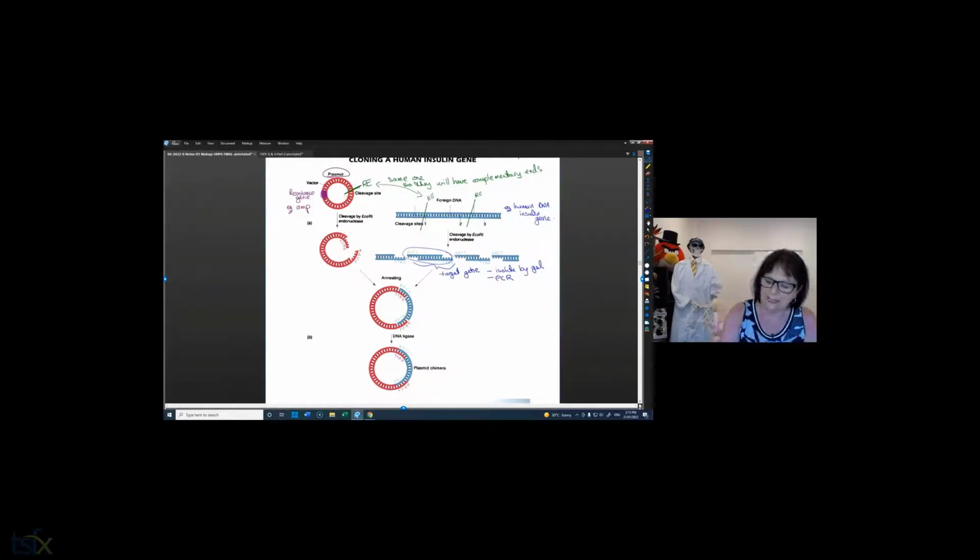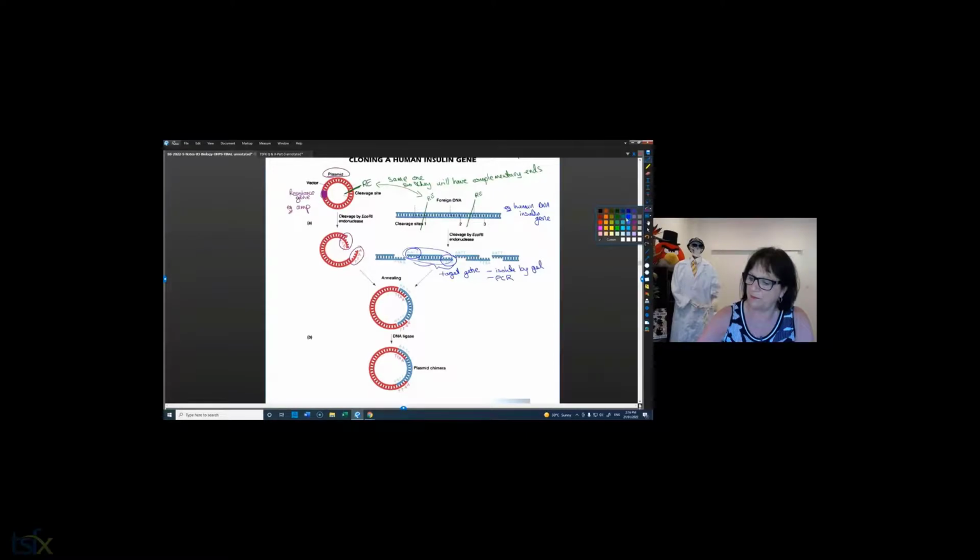And these ends on our human DNA will match the ends on the cut plasmid. So by using the same restriction enzyme, we're going to be able to create these matching ends. So now I have my plasmid cut. I haven't taken a piece out. I've literally just cut it and the plasmid opens up. And I have my target gene, my insulin gene, and we just mix them together.